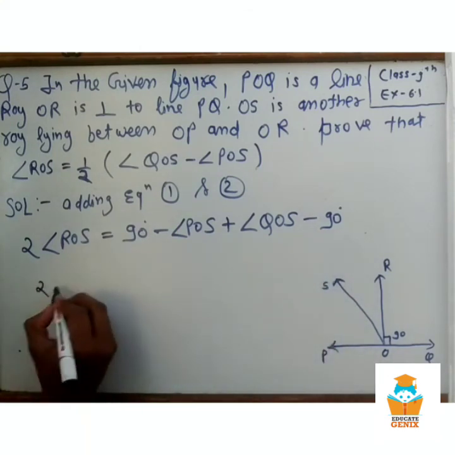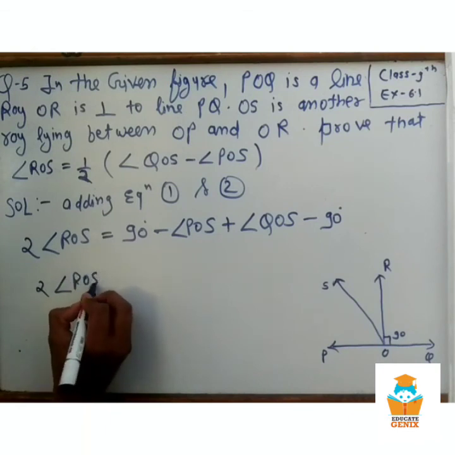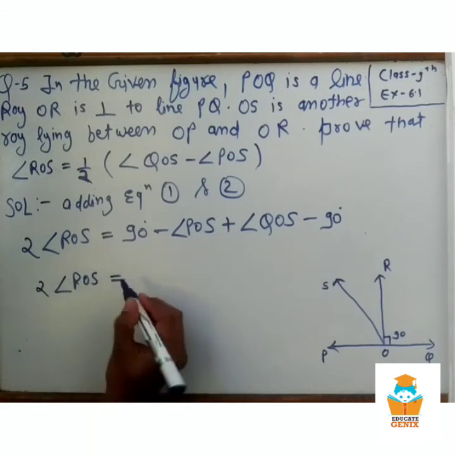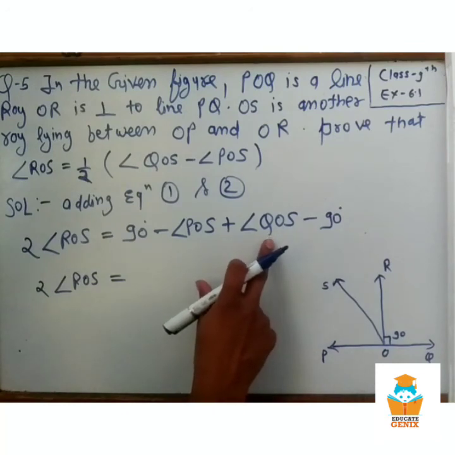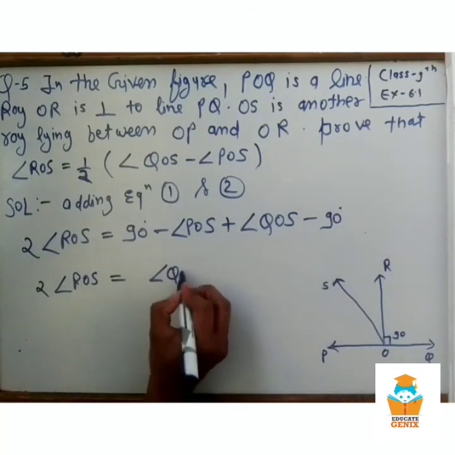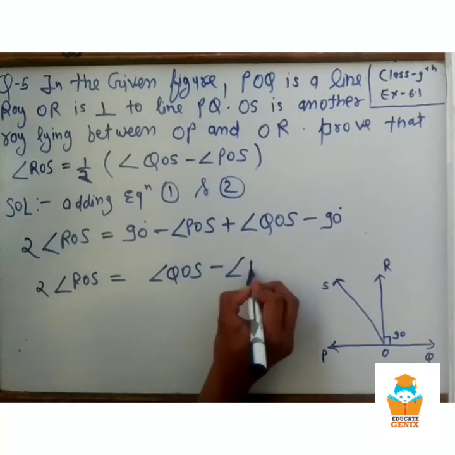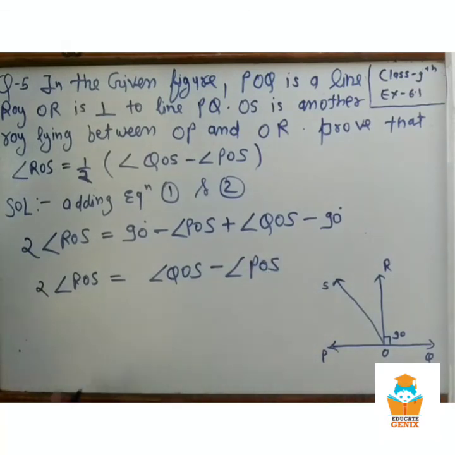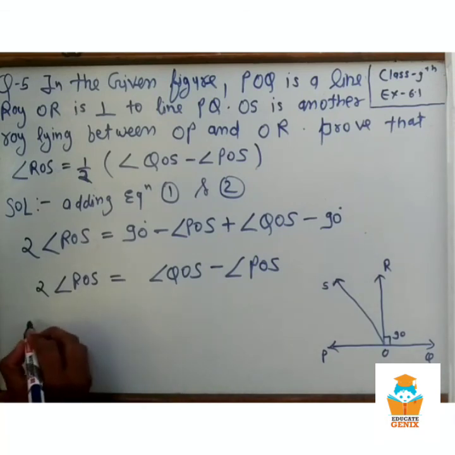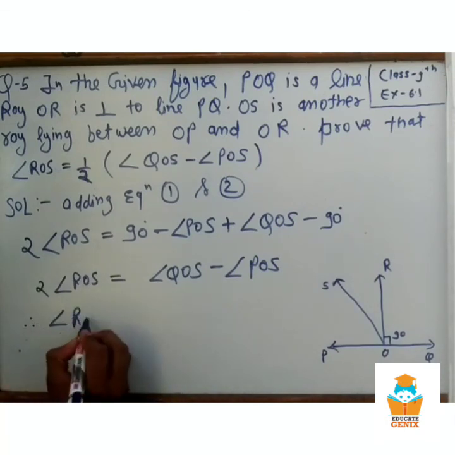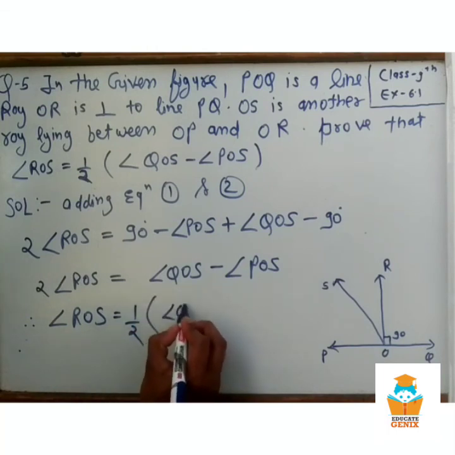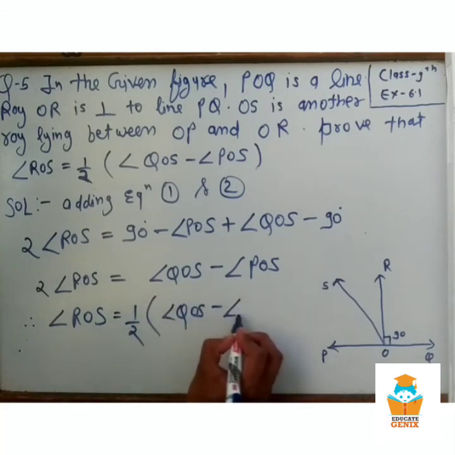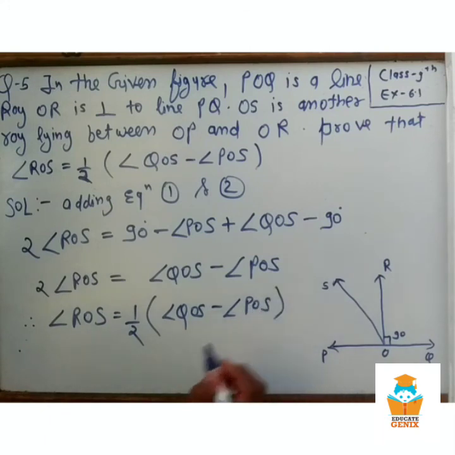Therefore, two angle ROS equals minus angle POS plus angle QOS. So we write this first: angle QOS minus angle POS, and we shift the 2 to the downside. Therefore, angle ROS equals half of angle QOS minus angle POS. Hence proved.